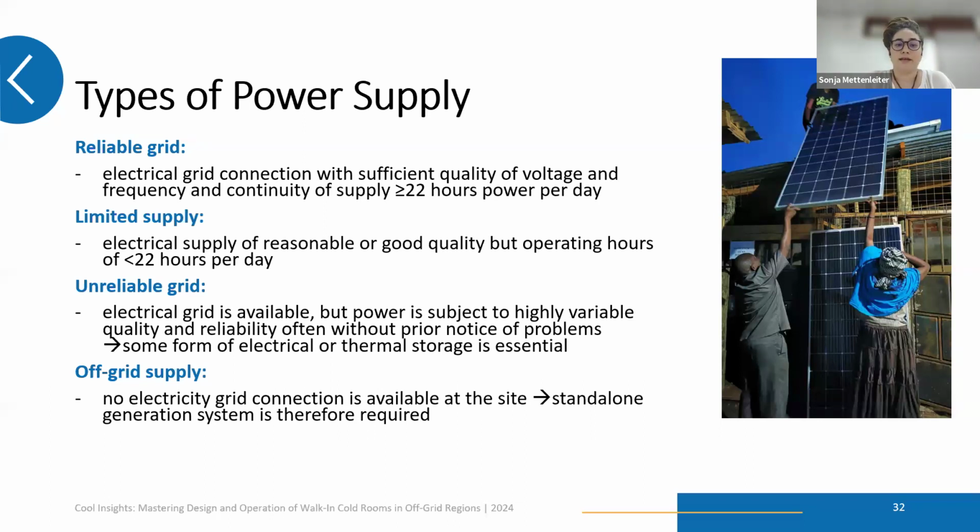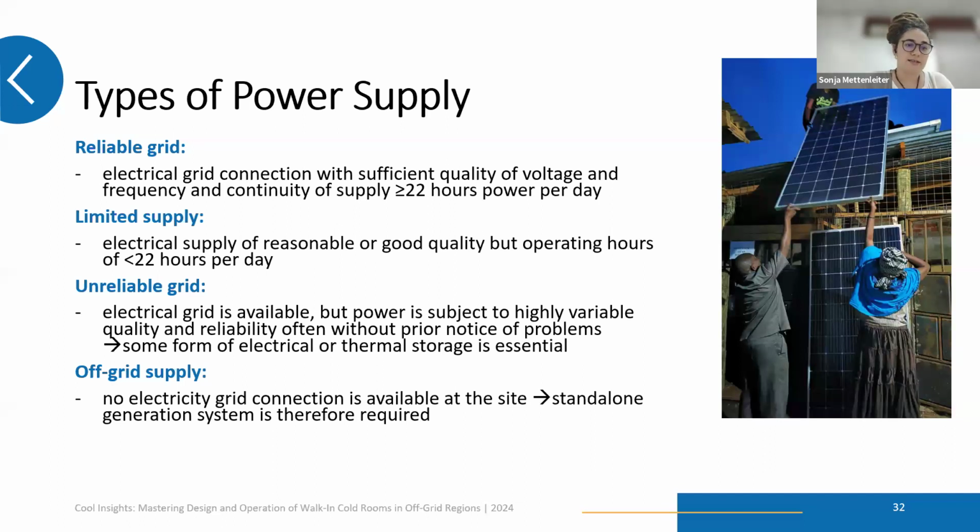Then the other case is the unreliable grid, where there is a grid available. However, it is not known for how many hours per day it is available, and how often you're going to face power cuts. The quality of the power supply is also not constant.